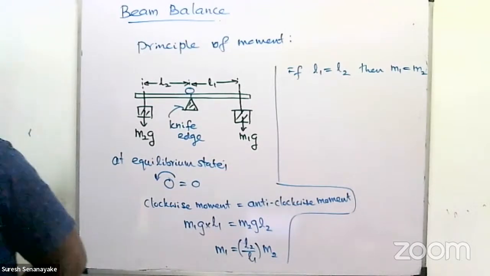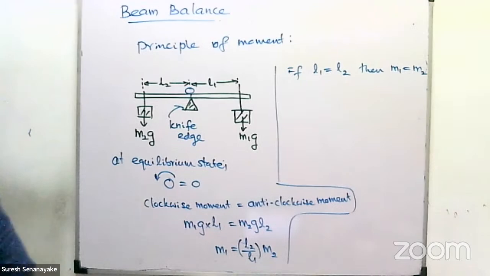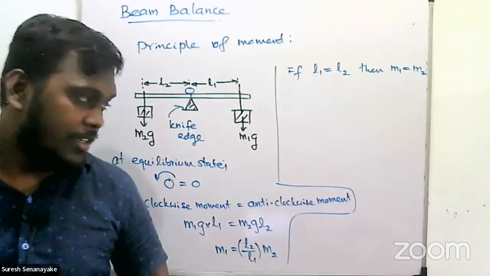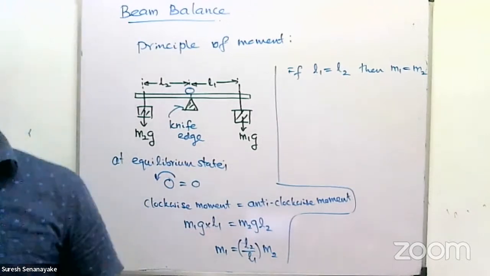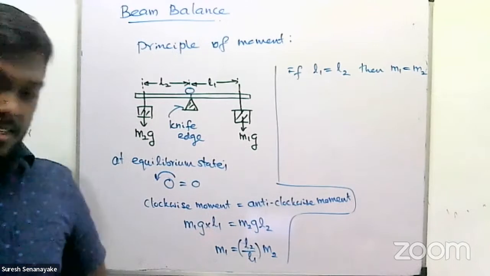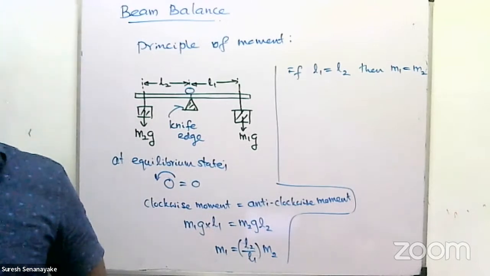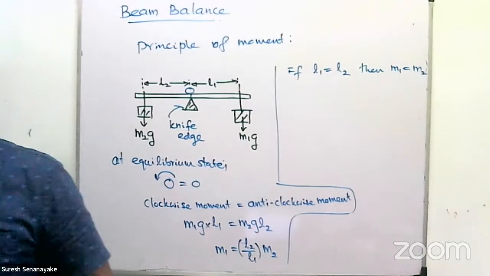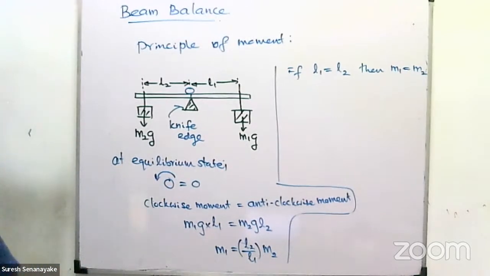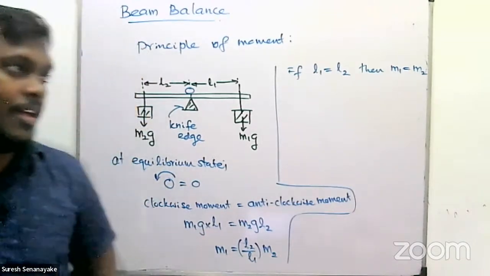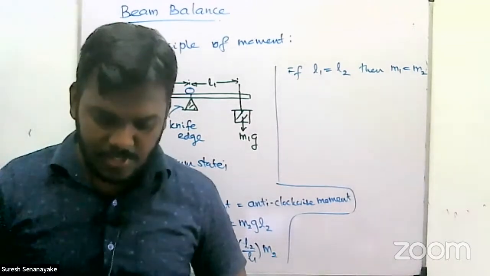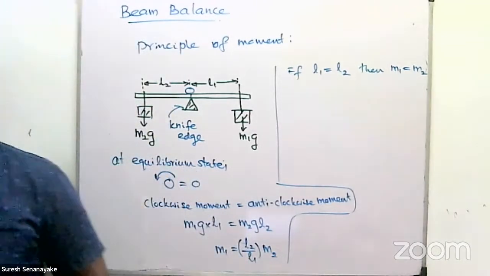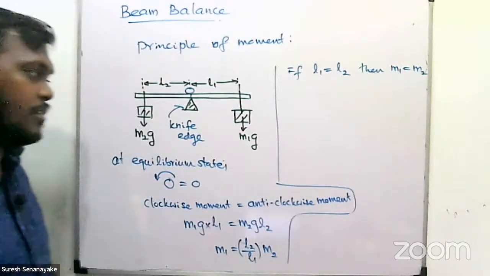Therefore, in beam balances, it uses a certain known mass and the balance length, which gives the unknown mass.